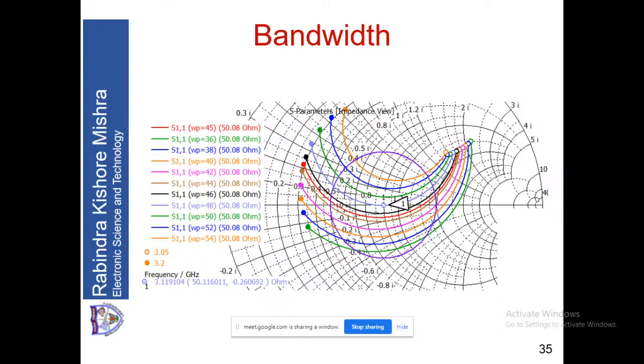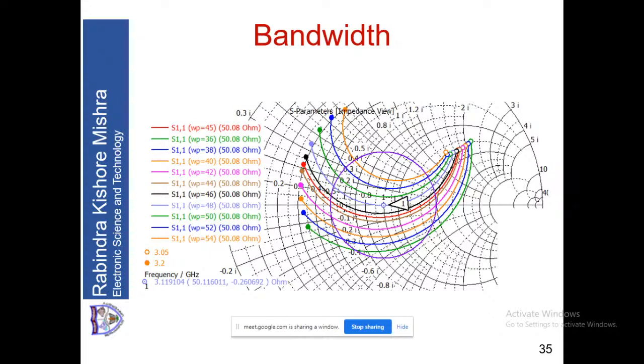Now where it will resonate, it resonates at the point where the impedance curves cross the pure resistance curve, which is the horizontal line. Now if it is crossing at 2 points without a loop, that indicates that we are exciting a higher order mode or some unuseful mode.